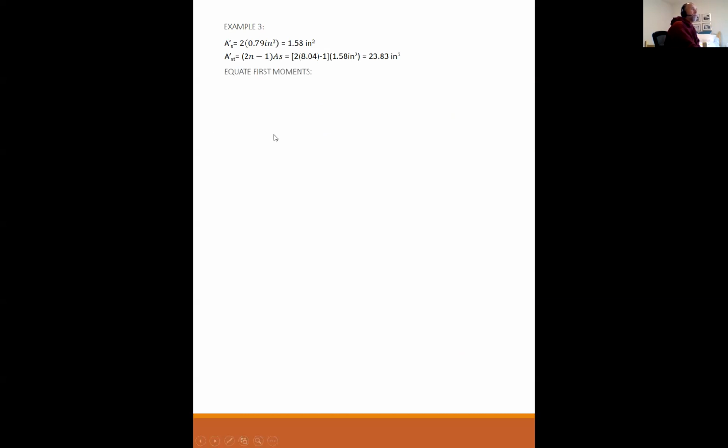So I equate the first moments. That was the diagram I showed on the last slide. The concrete is b times x wide times x over 2 as the moment arm. The compression steel is the area times x minus d prime as the moment arm, equal to the flexural side. Oh, I'm sorry, no, that's not the flexural side. I'm just condensing this and plugging in the numbers. 20 inches times x squared over 2, plus 23.83 inches squared times x minus 2.5.